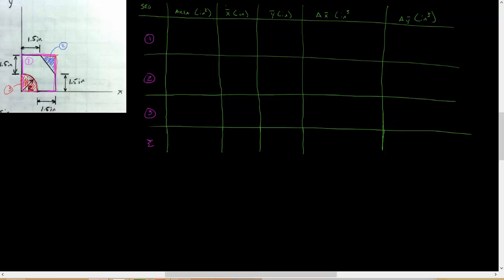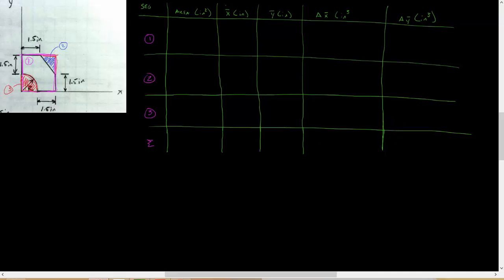So you notice that the highlighted areas, the red and the blue, are both going to be negative areas since I'm going to be subtracting them out of my entire object, which is a square. So let's go ahead and get through this.